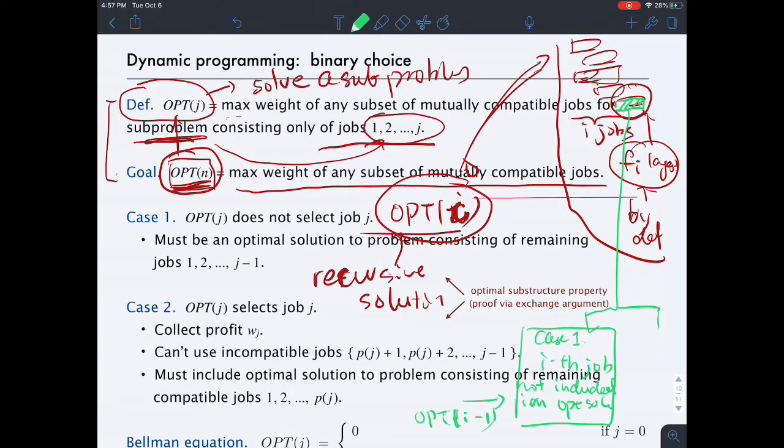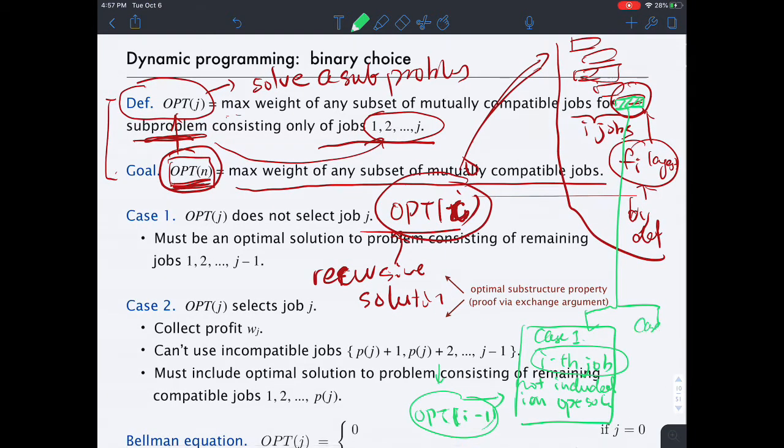I decided not to use the i-th job, so I just want to find the optimal solution for the first i-1 jobs. If I know that the i-th job is not part of the optimal solution, then that one would be the optimal solution.